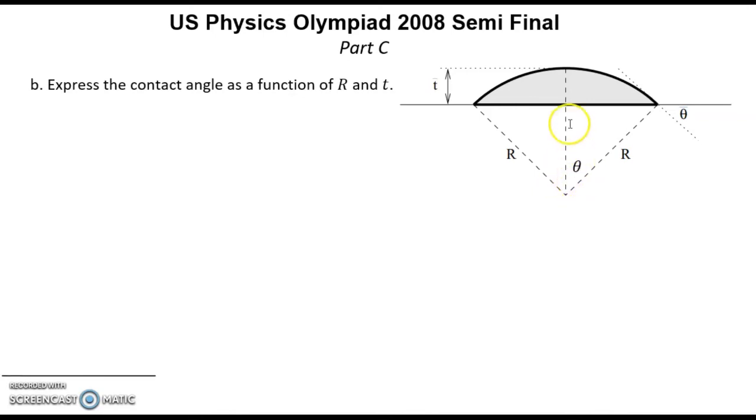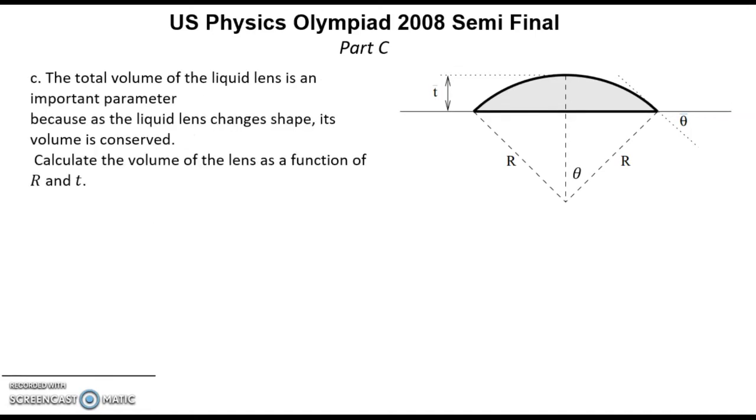And from geometry we see that this side equals r minus t, and this will be the cathetus, and this is the hypotenuse r. So it means that cosine theta will be this expression, r minus t over r, or 1 minus t over r. That's the answer for part B.